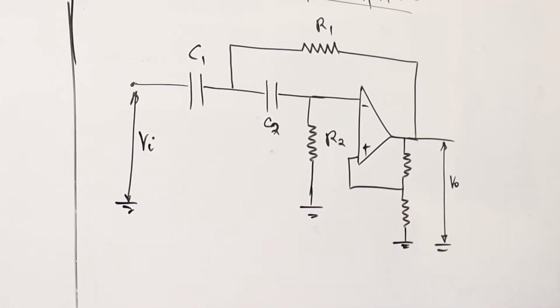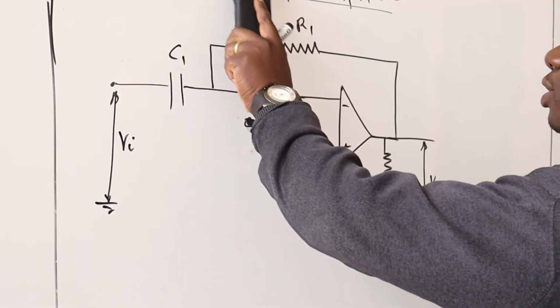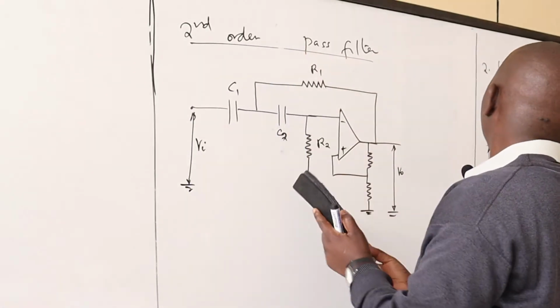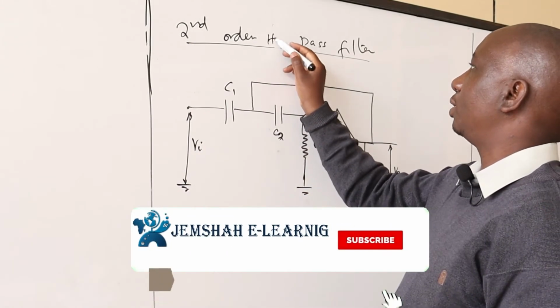So this is an example of a second order high pass filter. Not low pass filter, second order high pass filter.